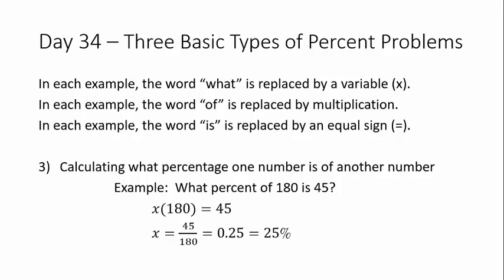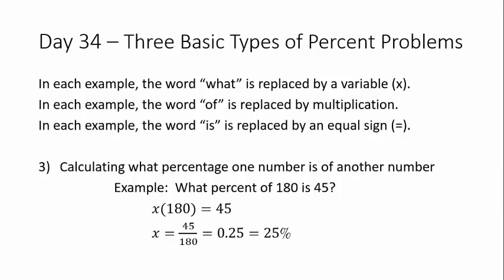Our last type was calculating what percentage one number is of another number. Our example is, what percent of 180 is 45? Remember that what is your variable. Of means to multiply. Is is the equal sign. So we have x times 180 is equal to 45.